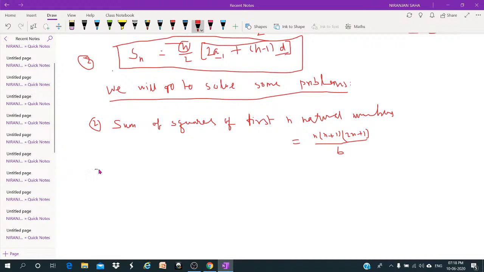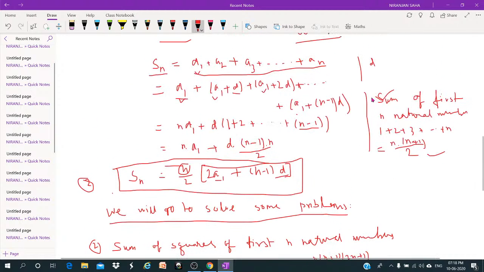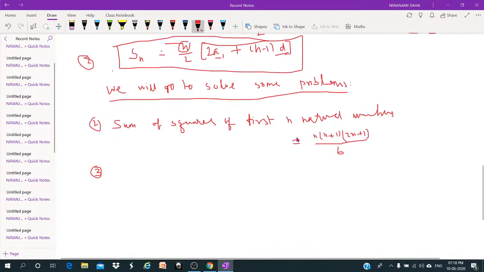And the sum of cubes of the first n natural numbers will be this.